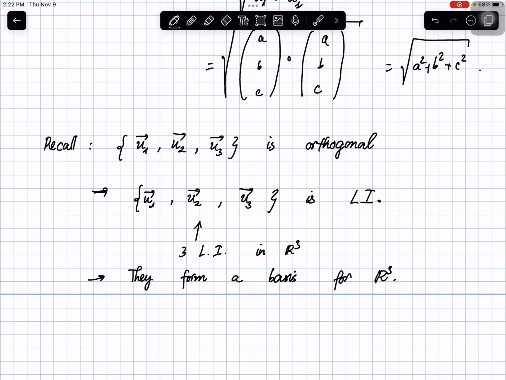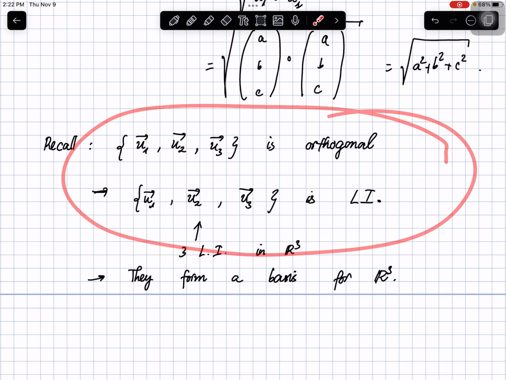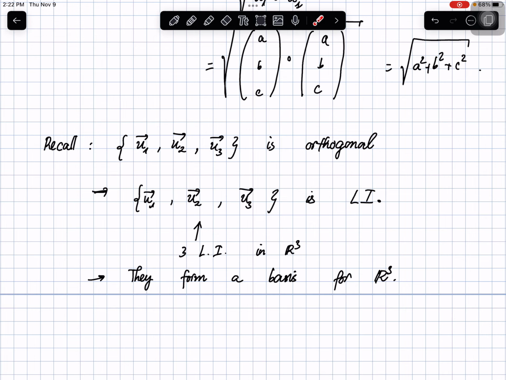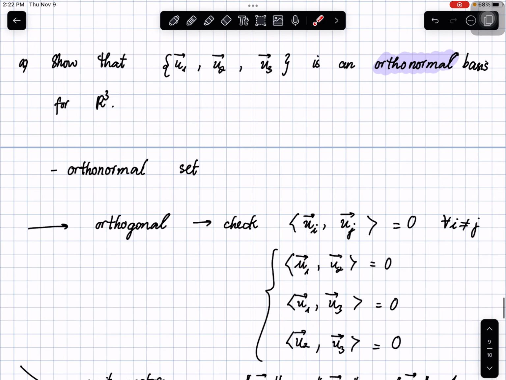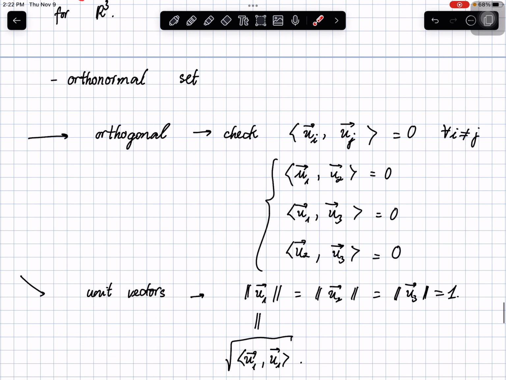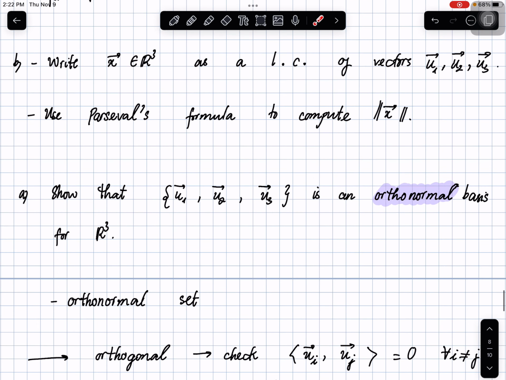Therefore we don't need to check the span condition or the linear independence condition because of this theorem: orthogonal sets must be linearly independent. So for the first part, we just need to check the vectors are orthogonal and the vectors are unit vectors.